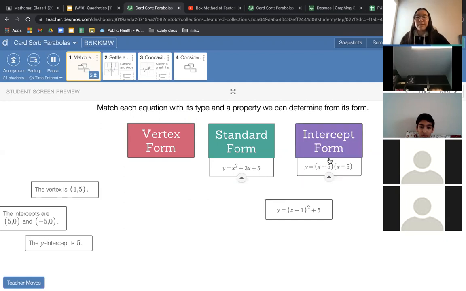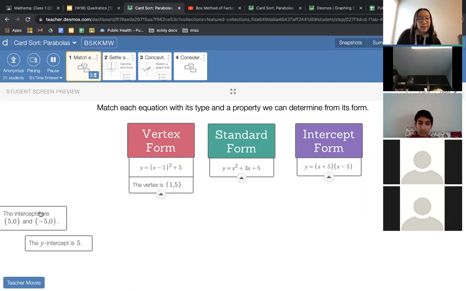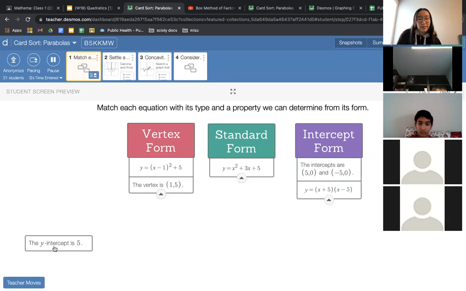Yeah, you would probably be correct, because that looks like coordinates. So the 5 and then the -5 will tell you the x-intercepts, or the roots. So that's why that's intercept form. And then this one will be vertex form, because there's 1 and then the 5, that tells you the coordinates of the vertex. And then, like I said, these match up.